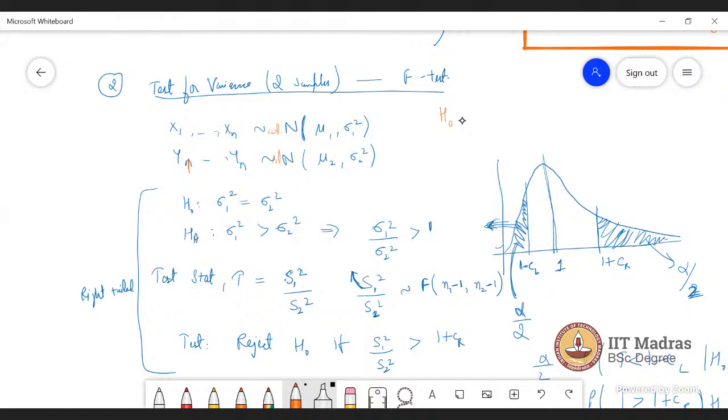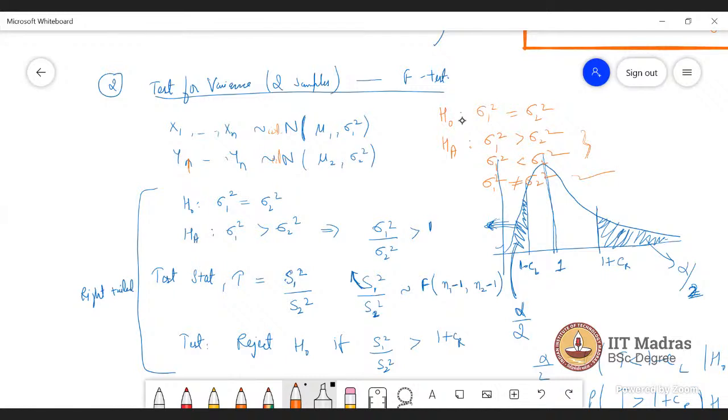We want to test H0, that is sigma 1 square equal to sigma 2 square, and the alternative can be sigma 1 square greater than sigma 2 square, sigma 1 square less than sigma 2 square, or sigma 1 square not equal to sigma 2 square. So again, a one-sided test and a two-sided test.